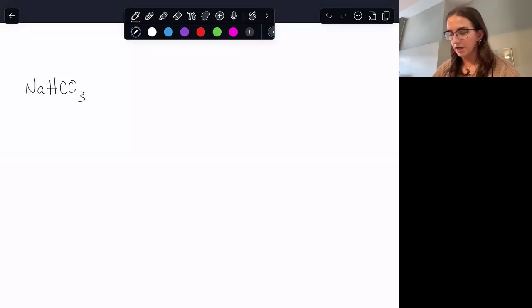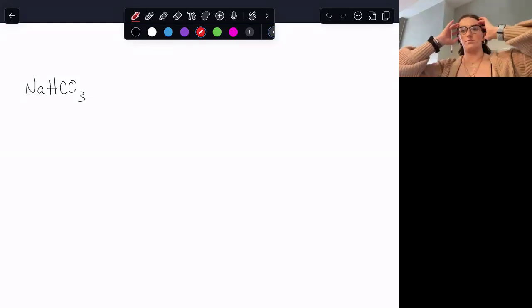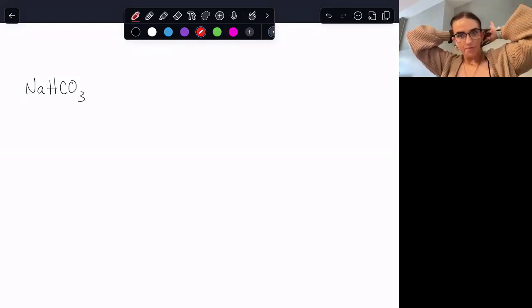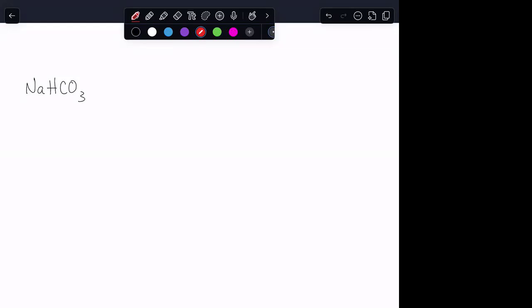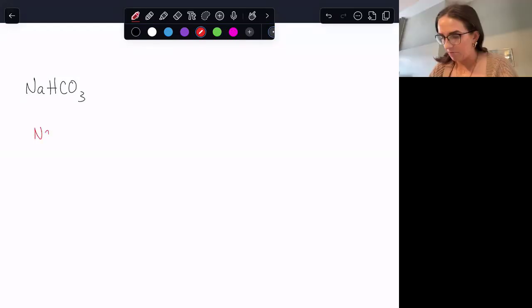So if we look at something like the compound here, we want to break it up into the cation and the anion. So where are we going to break that apart in terms of a cation and an anion in our compound? Na and HCO3. Perfect, right? So Na becomes Na what? Plus.